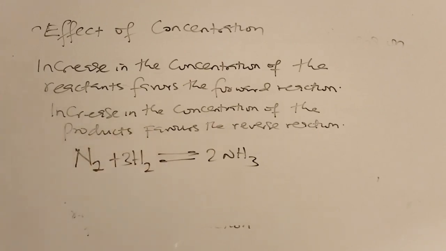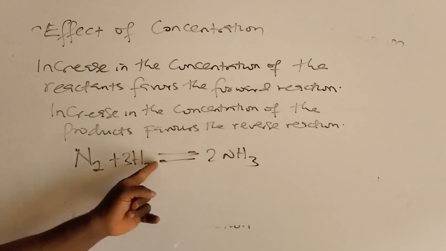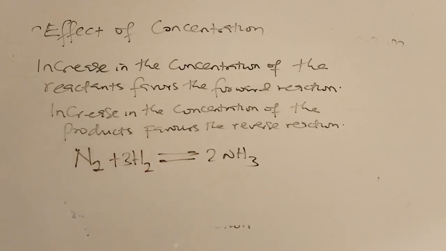Why? If I add a catalyst, let's say a positive catalyst, you're going to increase the forward reaction and the backward reaction at the same rate. So since it affects both the forward and reverse reactions equally, a catalyst has no effect on a reaction at equilibrium.